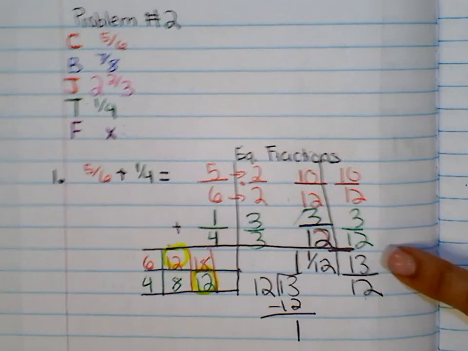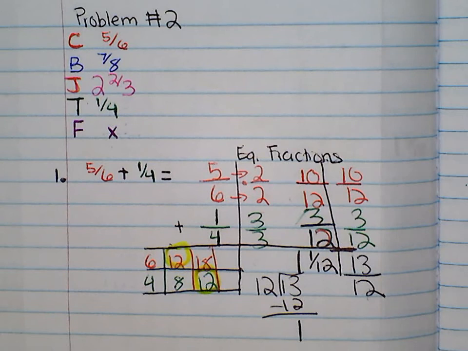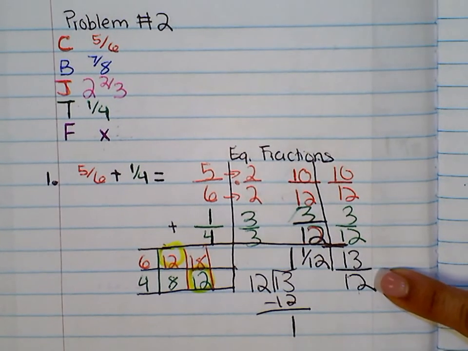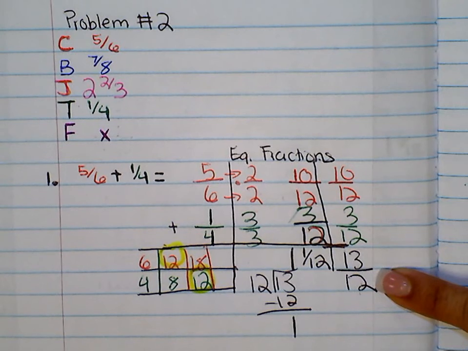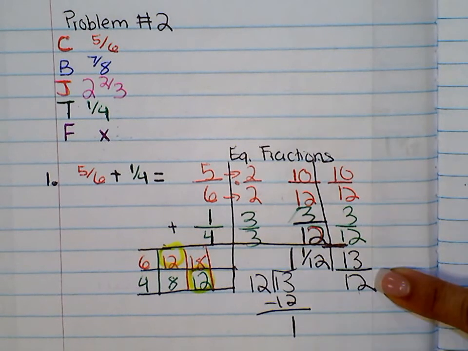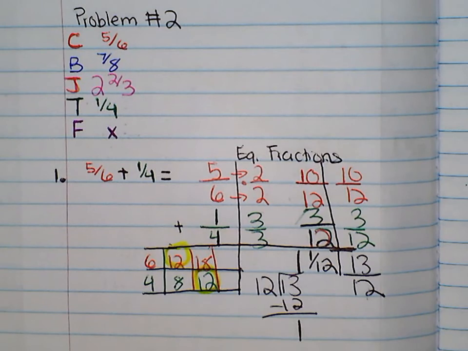Okay, so then I do all of my math, and then what kind of fraction do I get? Improper fraction. It is an improper fraction. Very good. So I have to change it to a mixed number with a proper fraction in it, right? And I use what to do that? Touchdown.